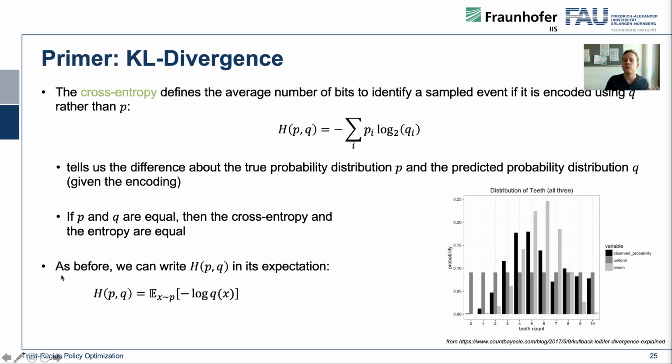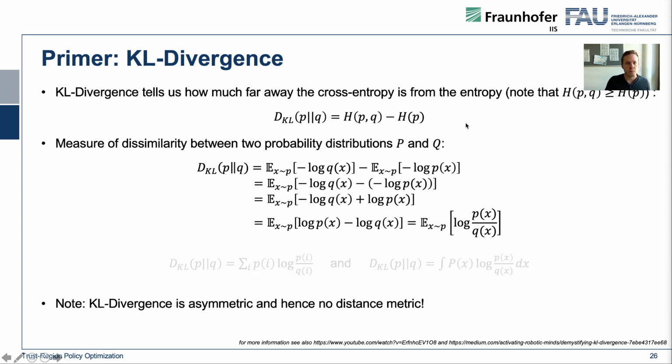You can also write the cross entropy of P and Q as an expectation, as we also did in the previous slide. So now we are really close to defining the KL divergence, and it boils down to the fact that the KL divergence tells you how far the cross entropy is from the entropy.